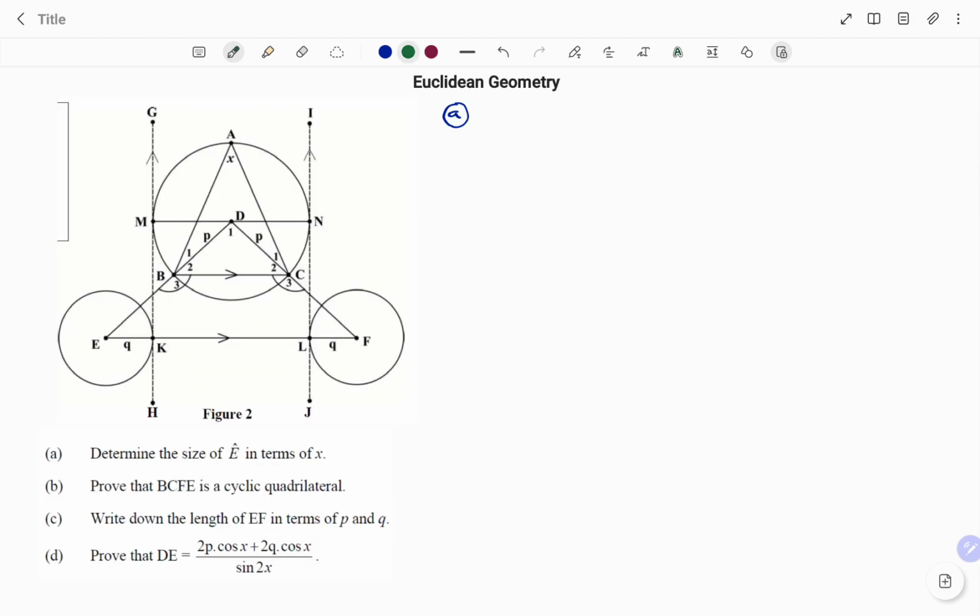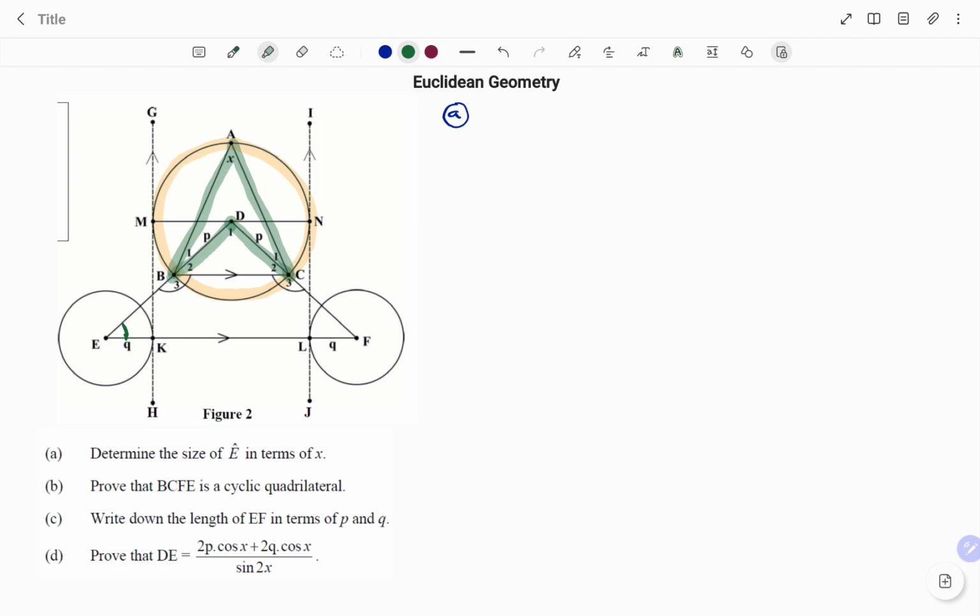Going to the first part of the question that says we should determine the size of angle E in terms of x. I'm going to highlight angle E as shown in the diagram. Building up to finding the angle E, I'm going to start with the circle highlighted as shown. I have the angles inside.